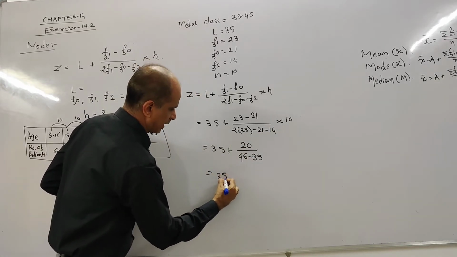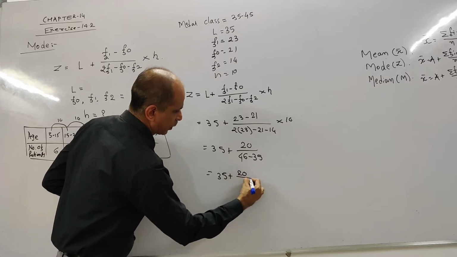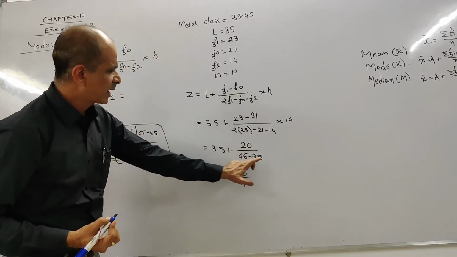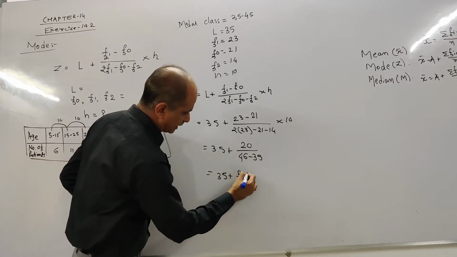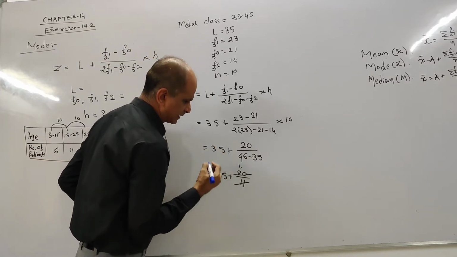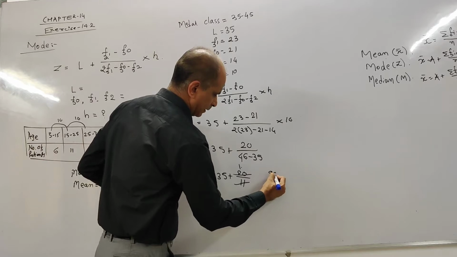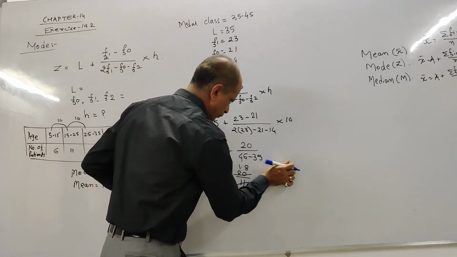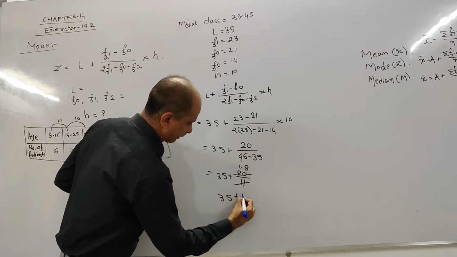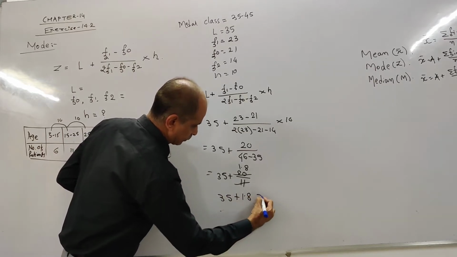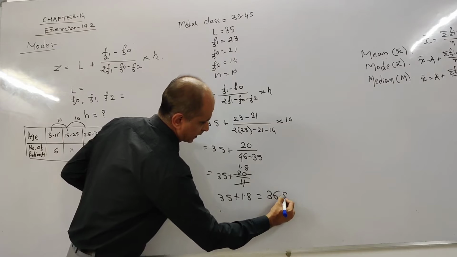So 35 plus 20 upon 11. Now if you divide 20 by 11, you get 1.8. So your final answer is 35 plus 1.8 is equal to 36.8.